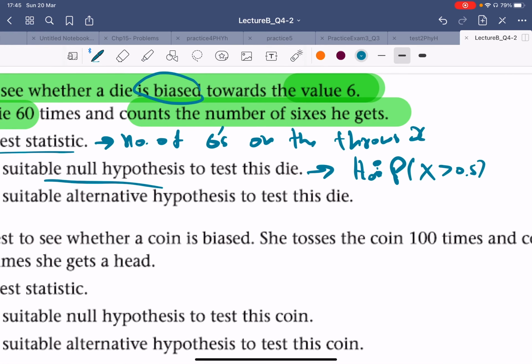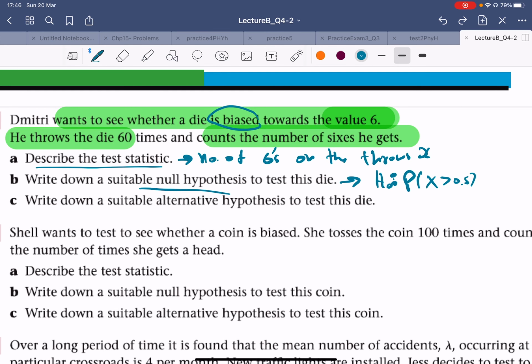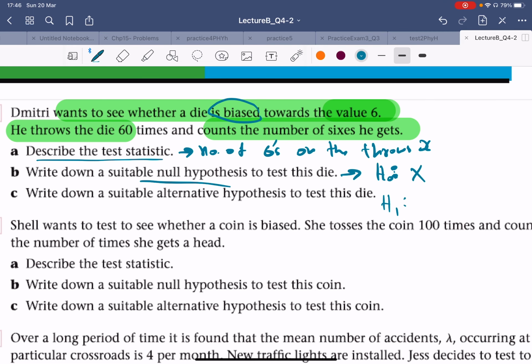If it is biased, I'll just say that this is not equal to. Or let's just say H null. Instead of using the probability, I'll just use the term big X. Big X is equal to 0.5, and this small x is not equal to 0.5.